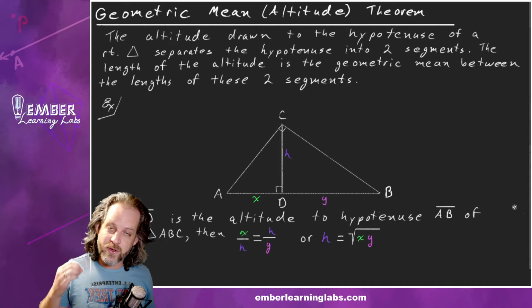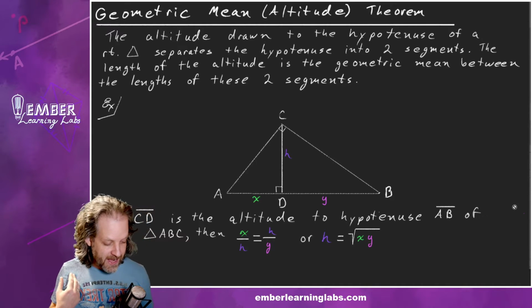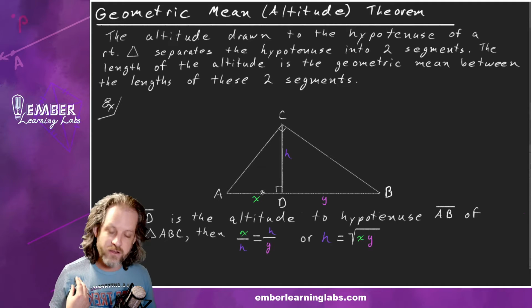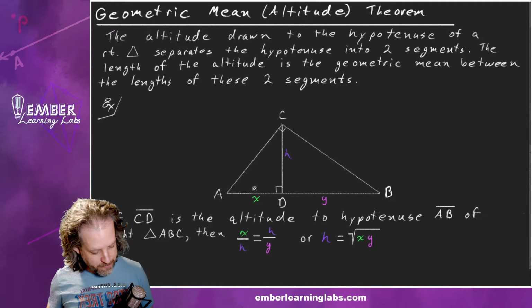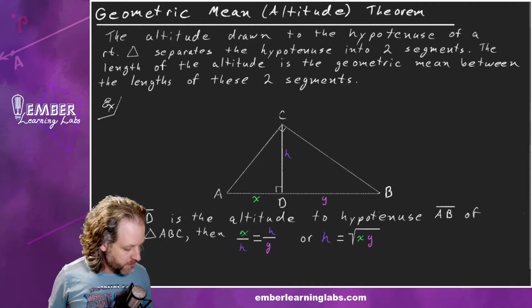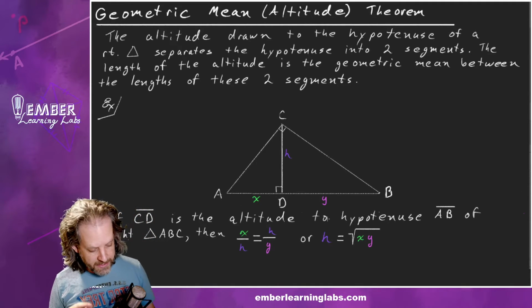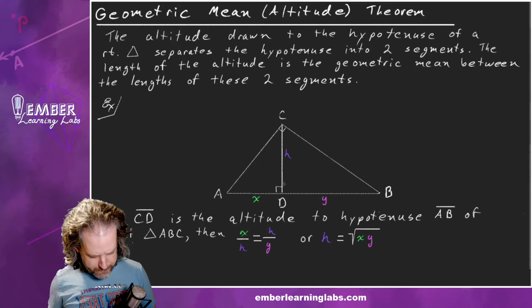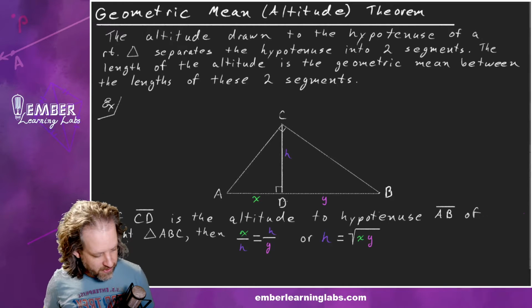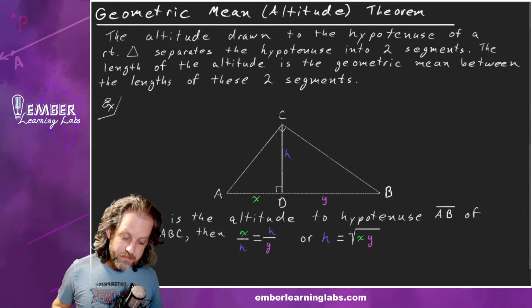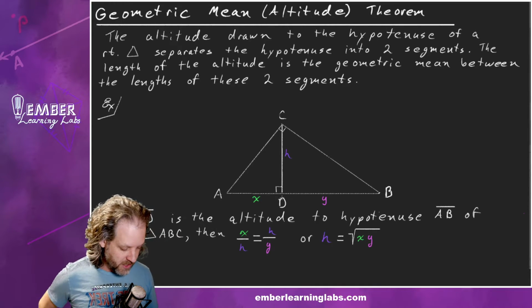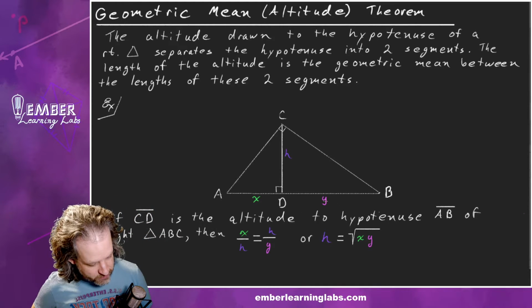The geometric mean altitude theorem says the altitude drawn to the hypotenuse of a right triangle separates the hypotenuse into two segments. We've labeled those in our example as segment X and segment Y. The length of the altitude, that H, altitude CD, is the geometric mean of the lengths of these two segments. So it is the geometric mean between these two segments.